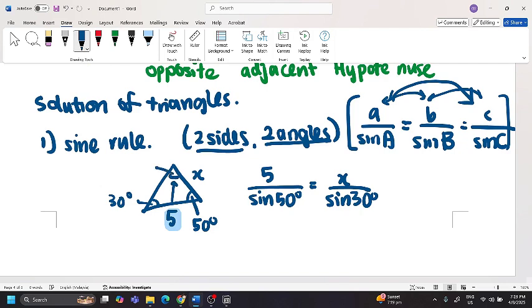So how should you do? Use 180 minus 30 minus 50, then you get the angle. This one should be 100, so sine 100 is the correct one. So remember, you use the side and angle as a pair. This is when you use the sine rule.